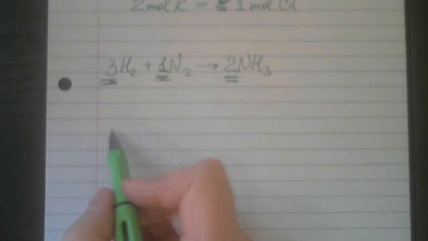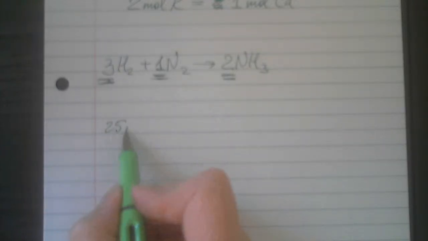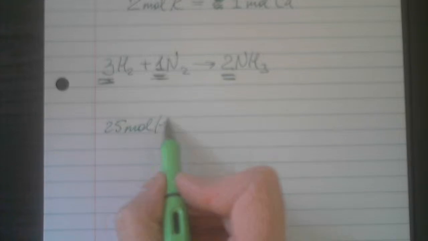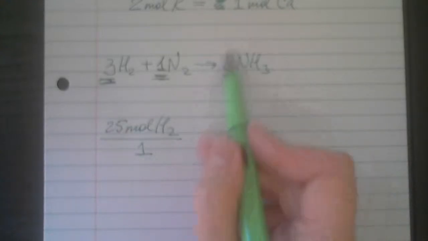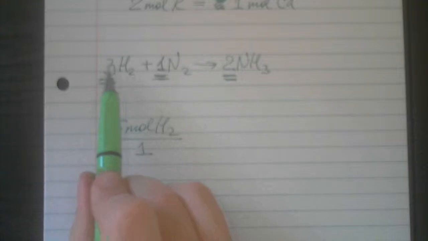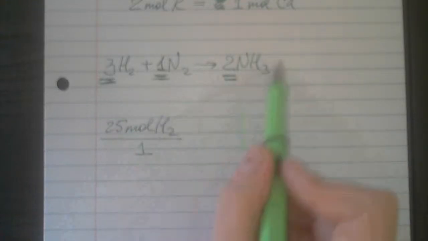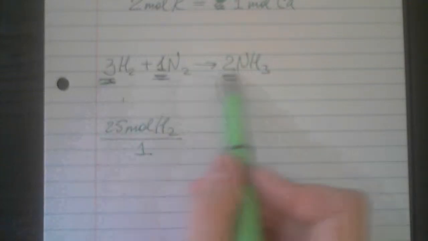Okay, what if instead of 3 moles of hydrogen we have 25 moles of hydrogen reacting with nitrogen? So to convert that into moles of ammonia, I'm trying to convert from moles to moles, moles of hydrogen into moles of ammonia. I will be using the coefficients.